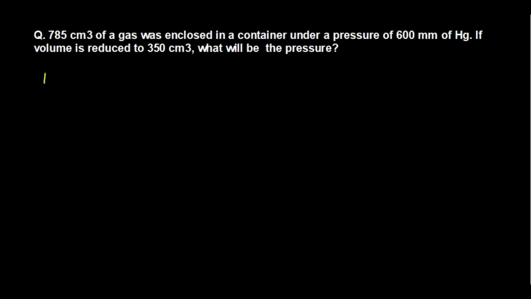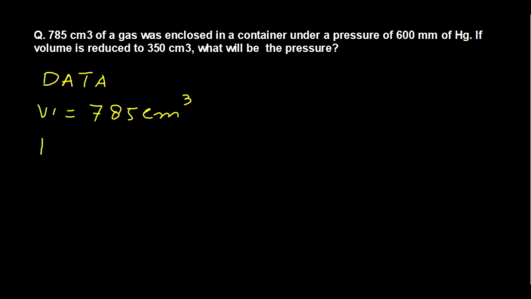Now to solve this numerical, we will write the data. First of all, we will write the data of this question and then we will see what formula is used, which law is applicable. Now initial volume which is given, that is V1, is 785 cubic centimeter.